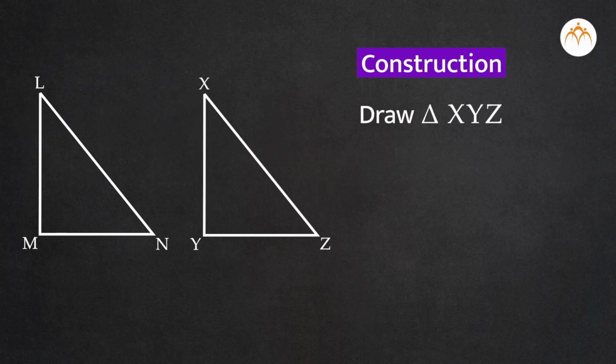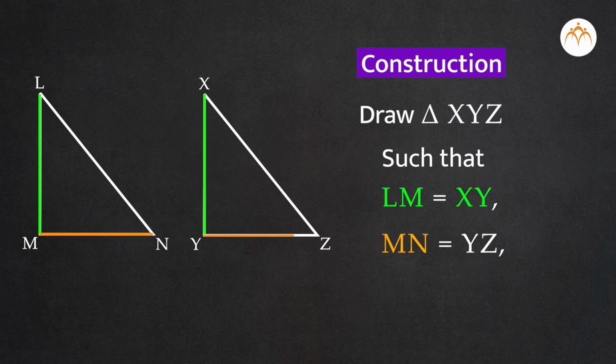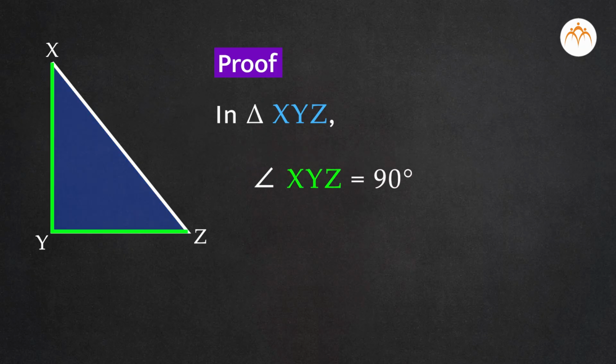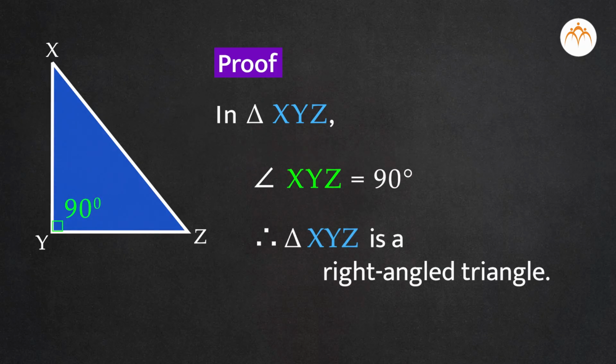Draw a triangle XYZ such that LM is equal to XY, MN is equal to YZ, angle XYZ is equal to 90 degrees. Let's see the proof. In triangle XYZ, angle XYZ is equal to 90 degrees. Therefore, triangle XYZ is a right angled triangle.